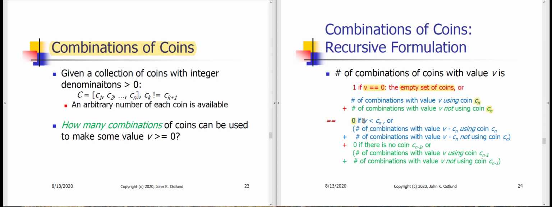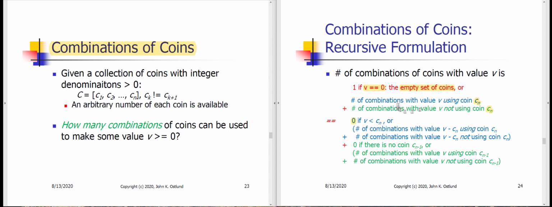Otherwise, let's suppose that the value that we're trying to create is greater than or equal to the value of coin Cn, then the number of combinations is going to be the number of combinations that have the reduced value by one coin Cn. And this we also split into two subsets. All right, so the number of combinations that have the reduced value and that do use Cn, plus the number of combinations that have the reduced value and that do not use Cn.